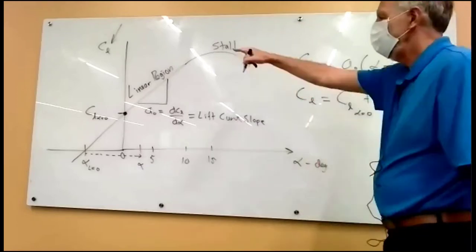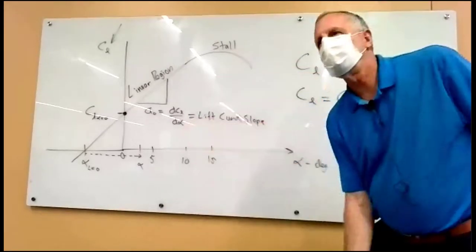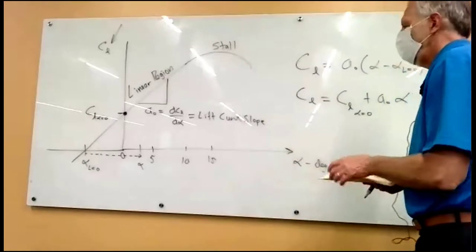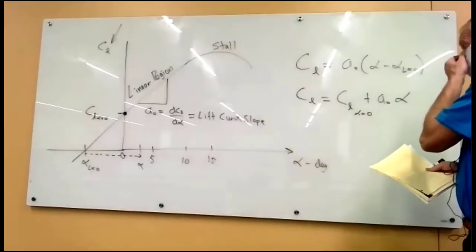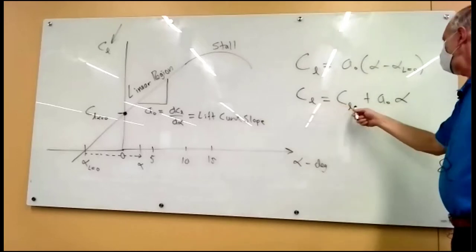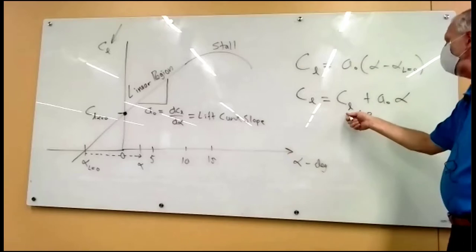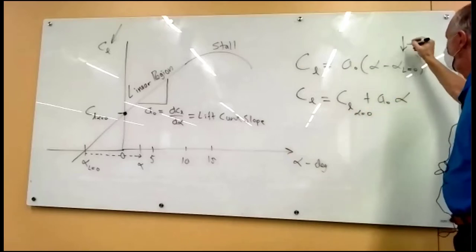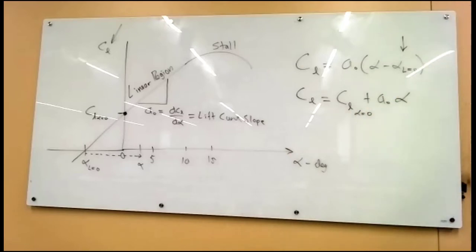And since that's the y-intercept, alpha starts at 0, and you just go up from 0 to wherever the alpha is. So these are just two different forms of the equation of a line, right? This is y equals mx plus b, and this is in terms of the x-intercept.